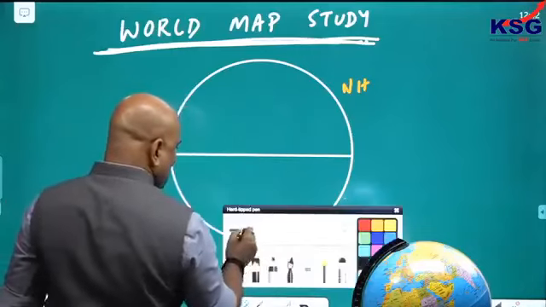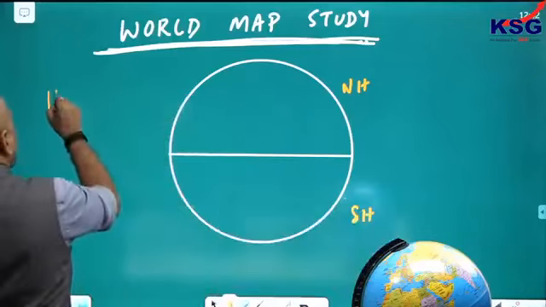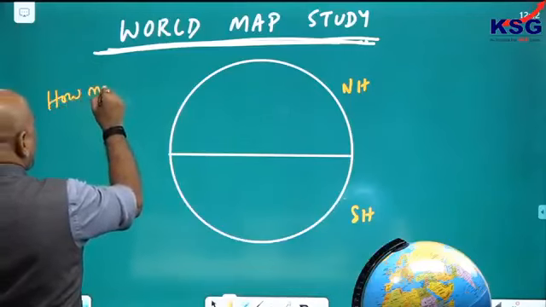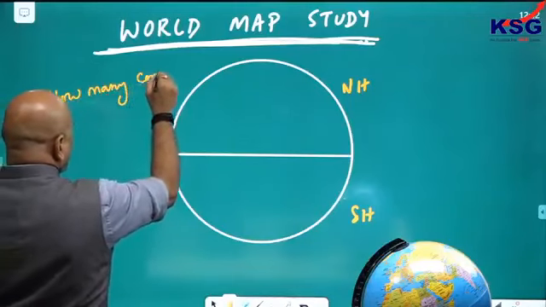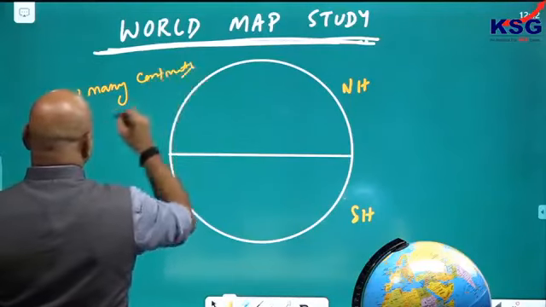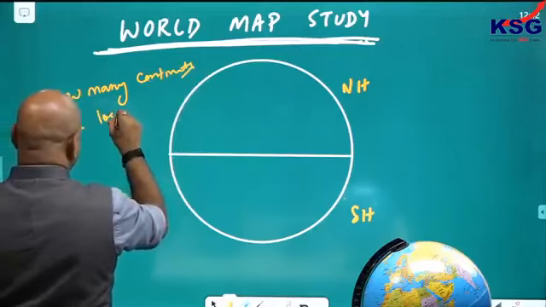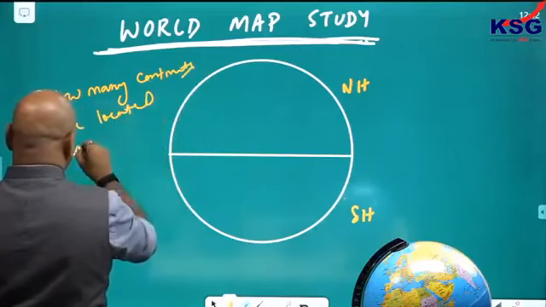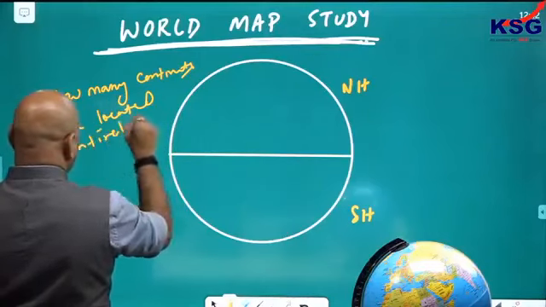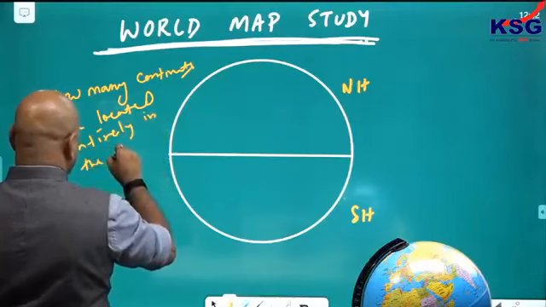You have your atlas with you. You know much more things. How many continents are located entirely in the northern hemisphere?